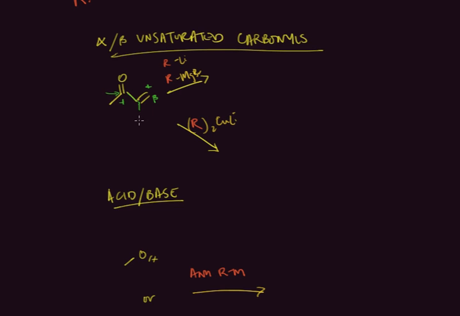So I know I'm drawing a lot of stuff on here, kind of making it murky, but this is the alpha carbon, this is the beta carbon, the carbonyl carbon, and the beta carbon are the ones with the partially positive charges. And so it creates two different ways that this reaction can occur. It can occur 1-2, where the carbonyl group is attacked, and then the oxygen from the carbonyl group is protonated.